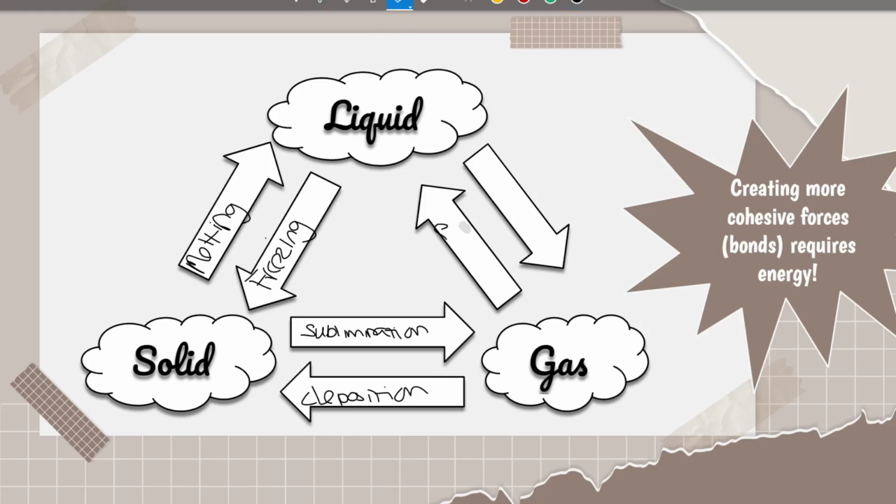Okay, and then if you're going from a liquid to a gas, you're going to do evaporation. If you're going from a gas to a liquid, it's going to be condensation.